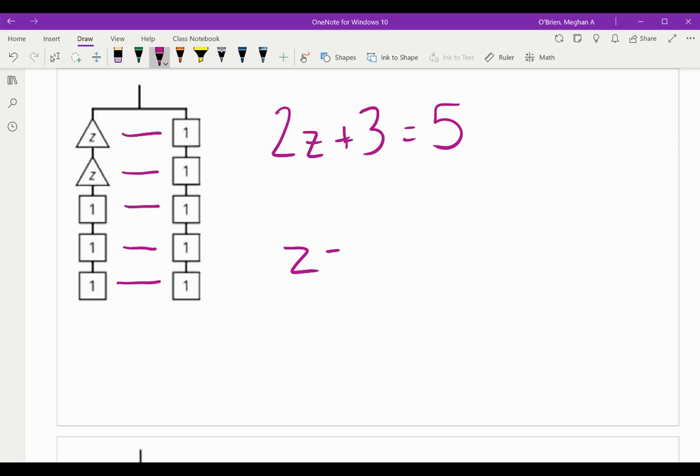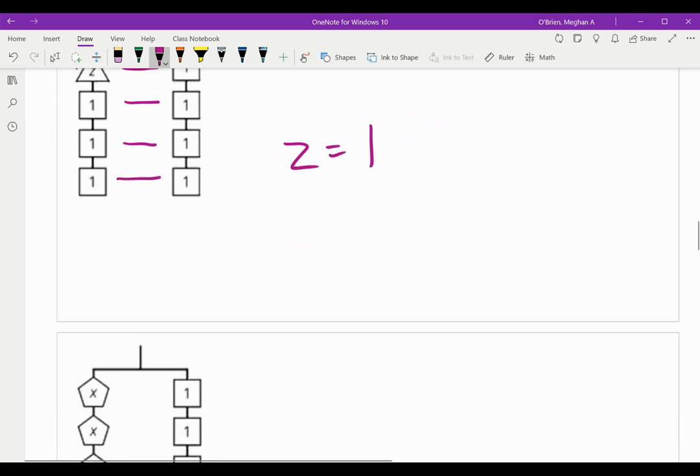So z equals 1. And it works because if z was 1, there'd be 5 weights or 5 pounds on that side, and it would equal the 5 pounds on the right side. So again, we could just draw a picture to help us too sometimes with these equations to figure them out.